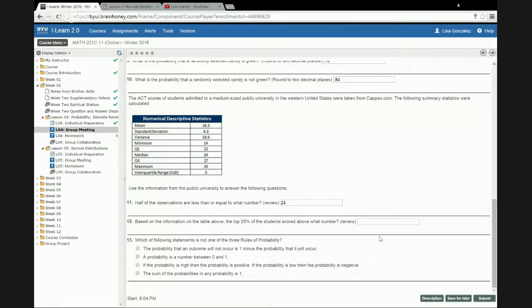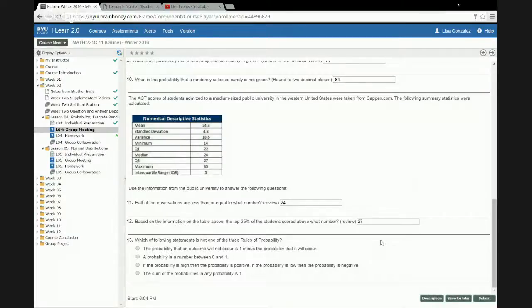Okay, I see. Because the 75% did worse, so we want the 25% that did the best. I was thinking of quartiles and which ones were which. My first response was to say, okay, first 25%, but then I thought, wait a minute, what did they ask? The top.